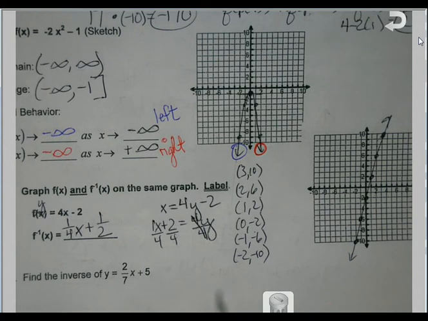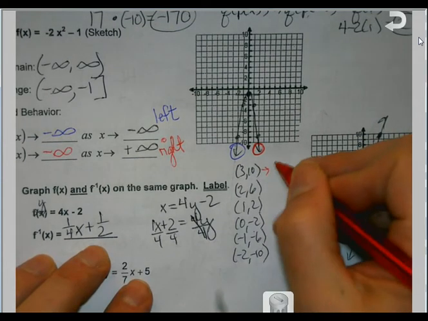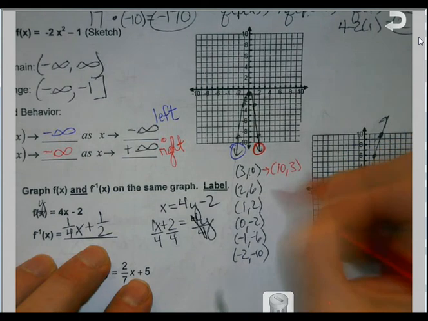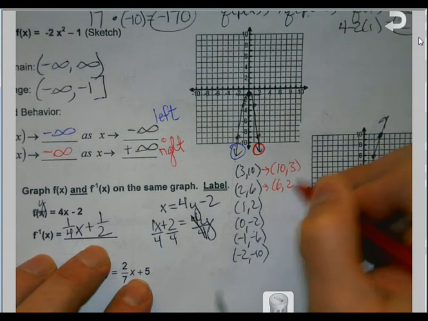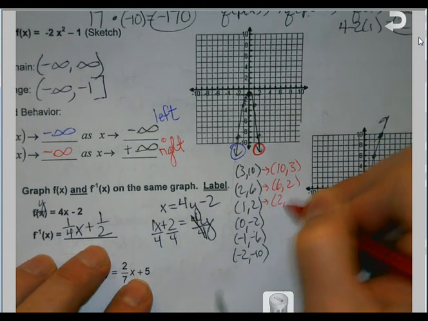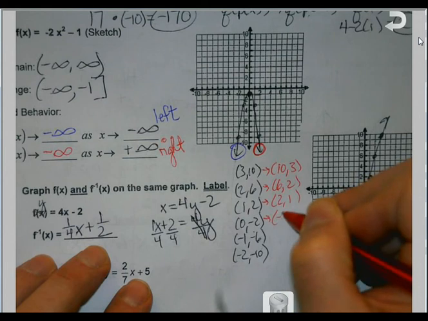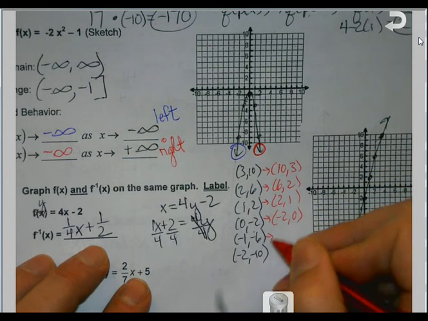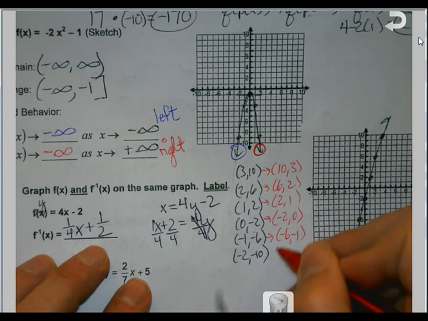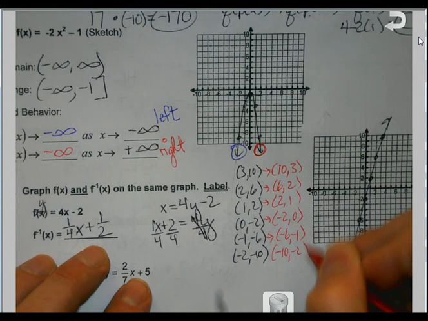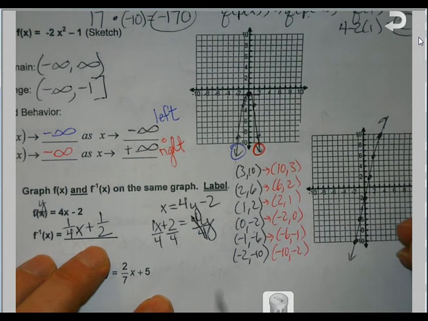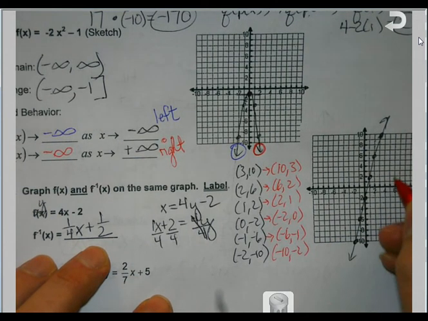Again, inverse, switch. So when I'm going to do this, another option I would have is just flipping the x and y values, inverting them, and plotting those points, and I would get the same line.